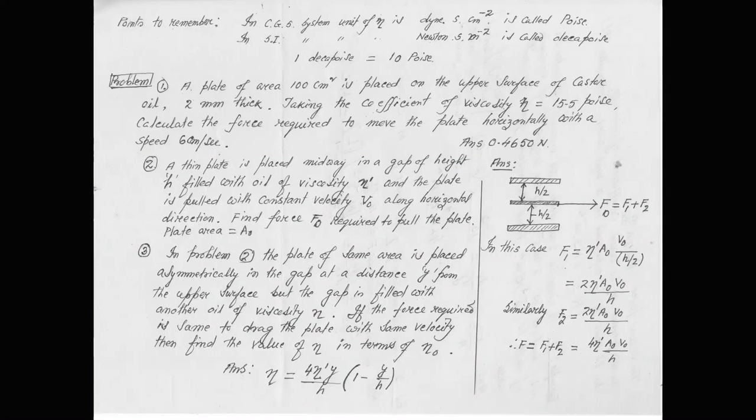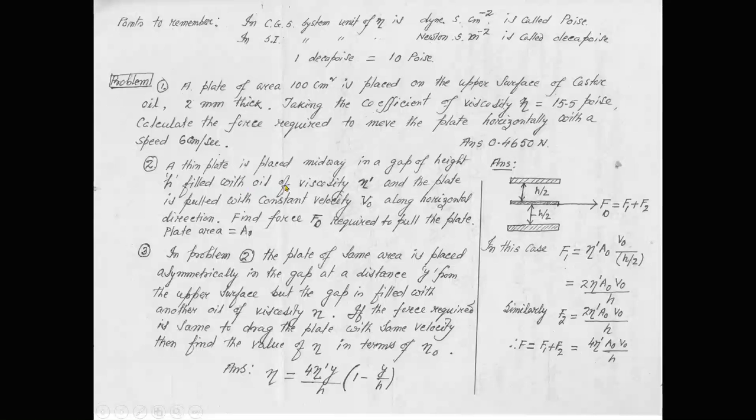Next problem. What has been discussed already: a thin plate is placed midway in a gap of height h. So this is the gap of height h. A thin plate is placed in between two plates.